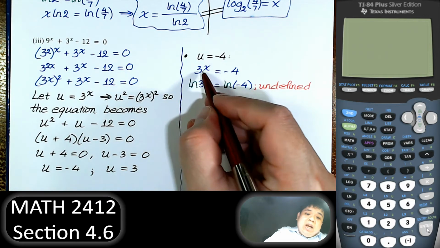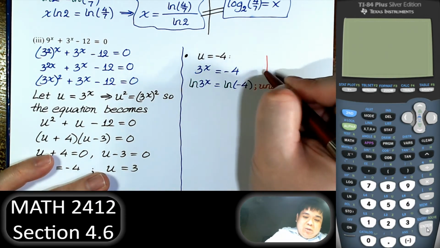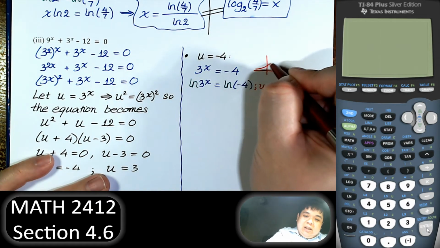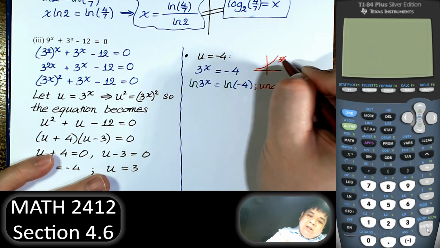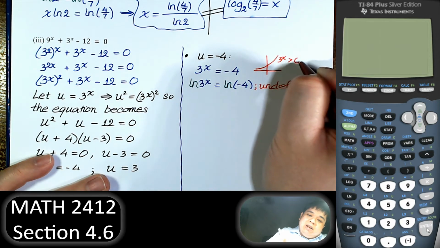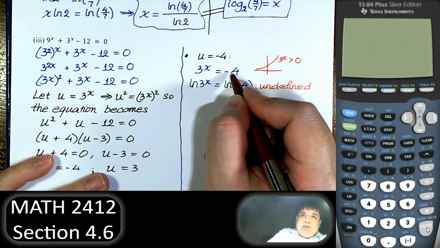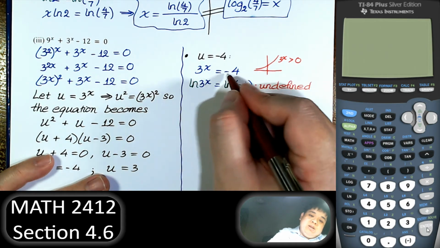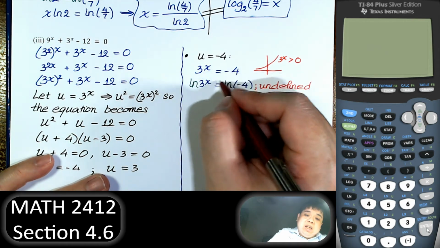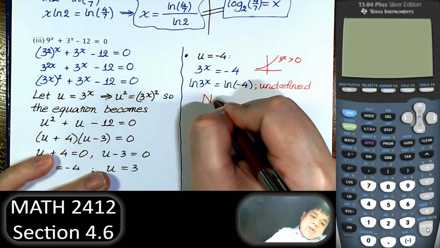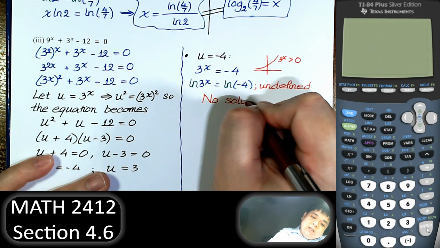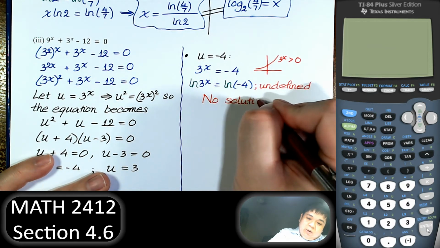Indeed, 3^x, remember, an exponential function cannot be negative. So when it is equal to negative 4, there is no solution. You cannot have a positive number equal to a negative number. So we have no solution here for u equal to negative 4.